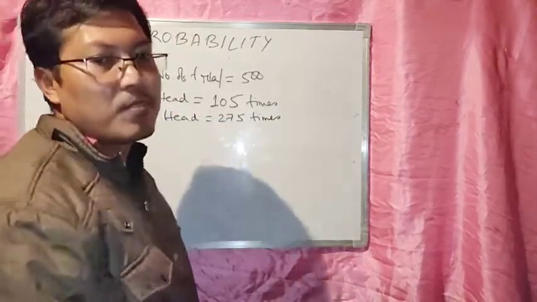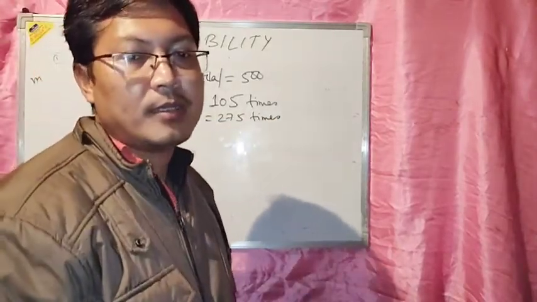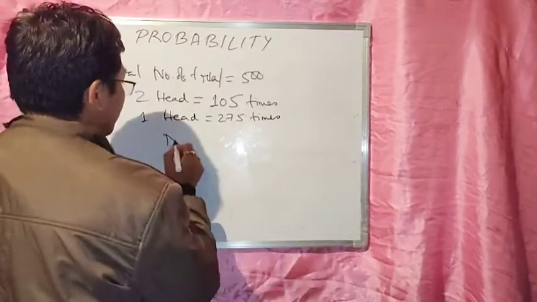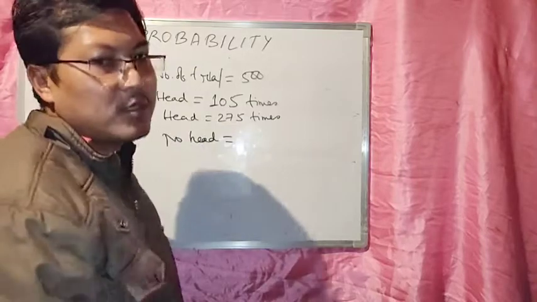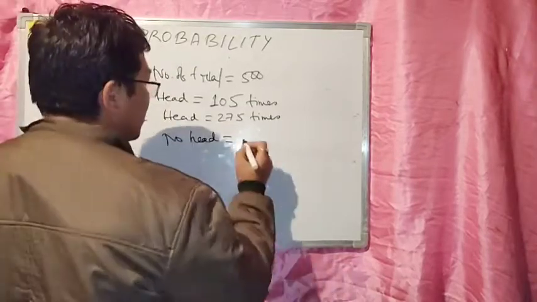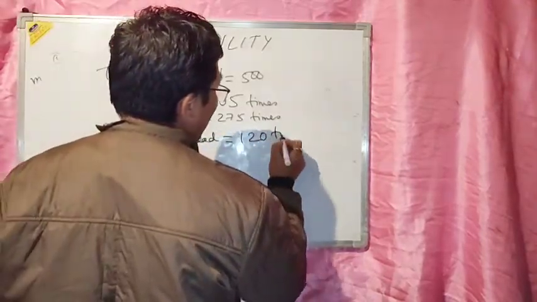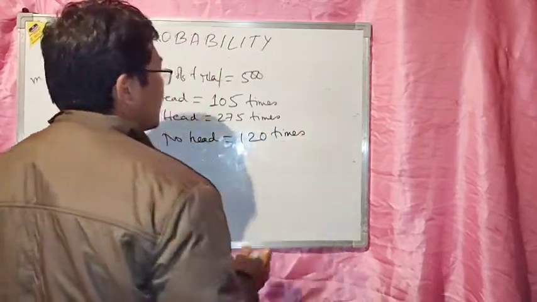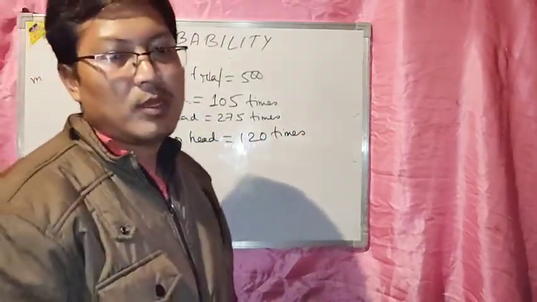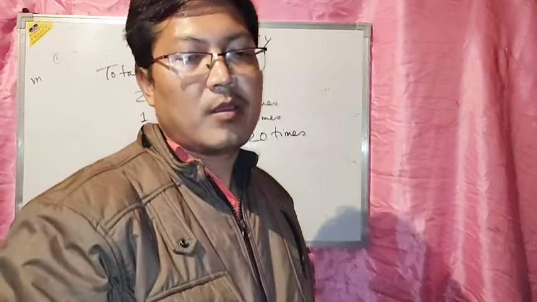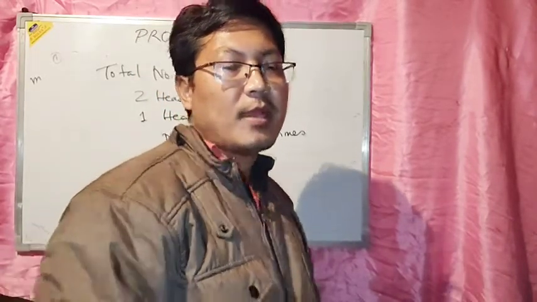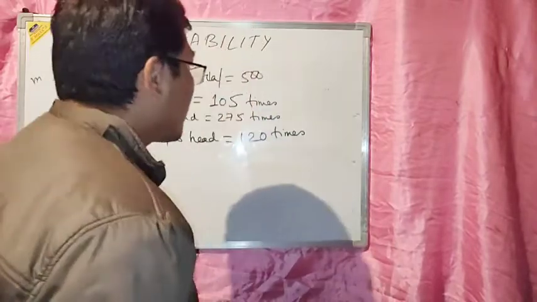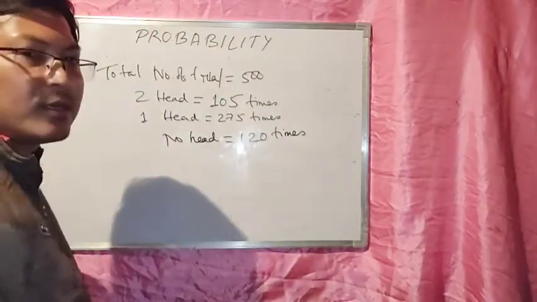Then no head, given 120 times. Then what is the question? Find the probability of occurrence of each of these events.